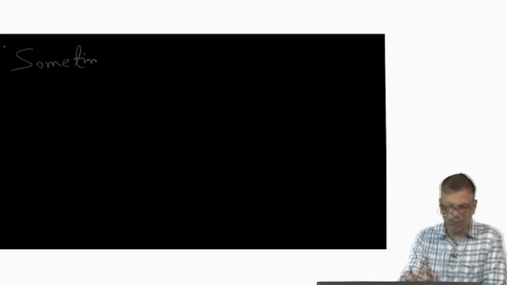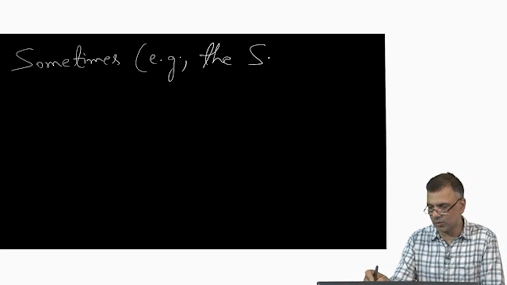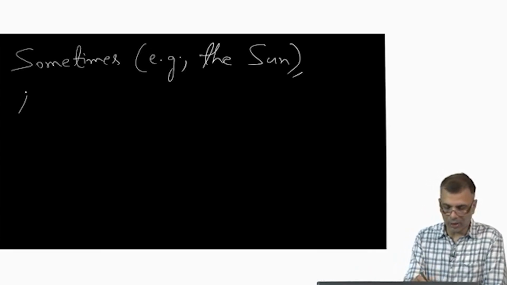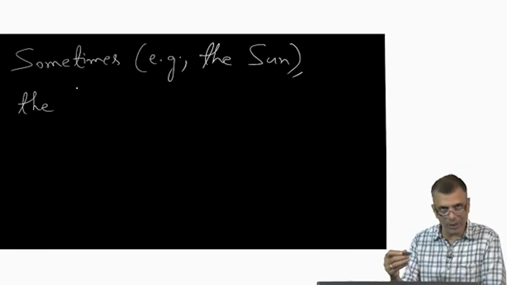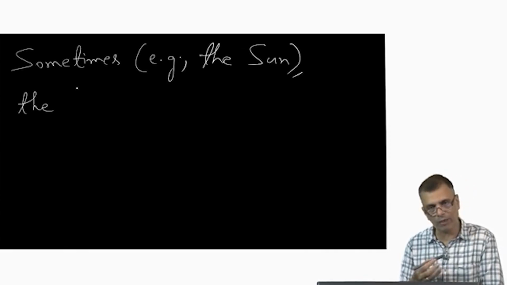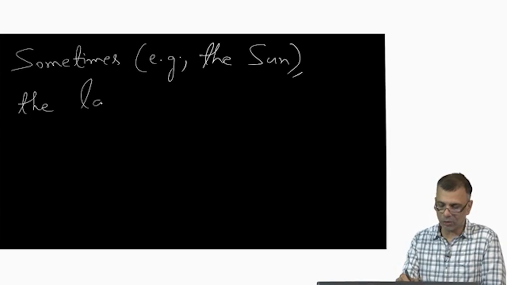There are some other complications that sometimes arise, for instance, in the context of the sun: the large scale magnetic fields which have been generated, and somehow you can show that they are able to sustain. Okay, they are also cyclic.